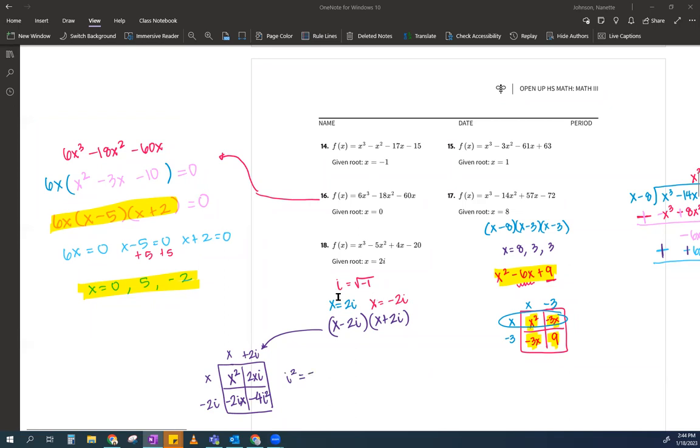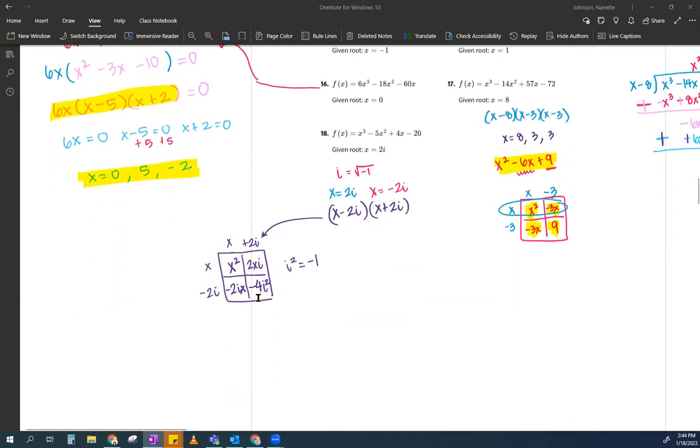I'm going to say that again. If i equals the square root of -1, if I squared it, it would be -1. So in reality, -4 times -1 equals 4. So this is true.